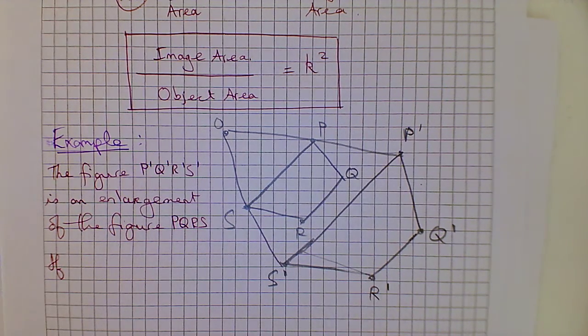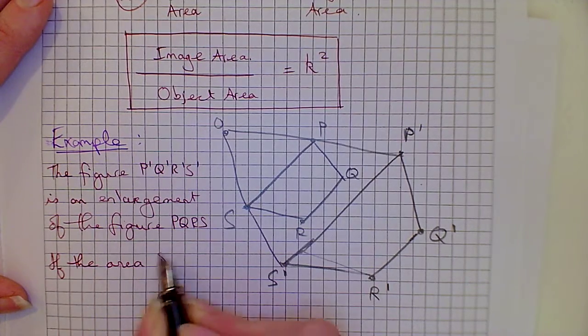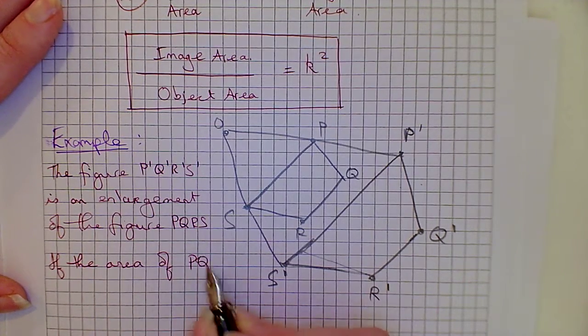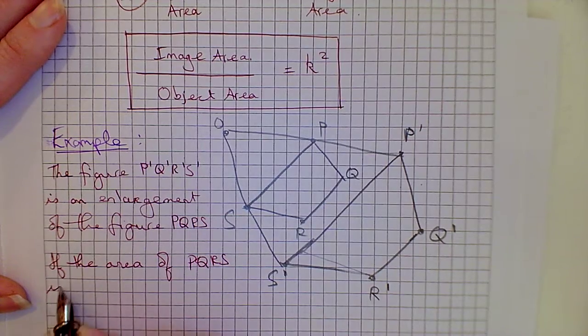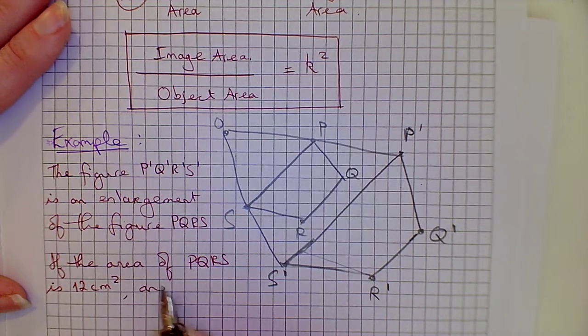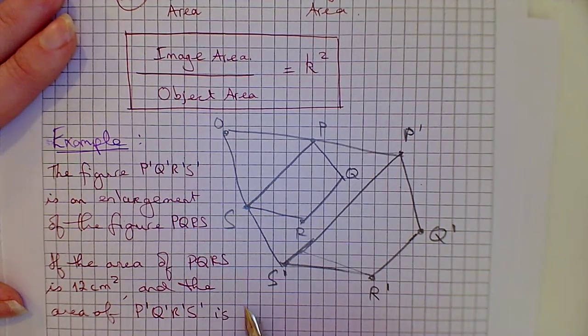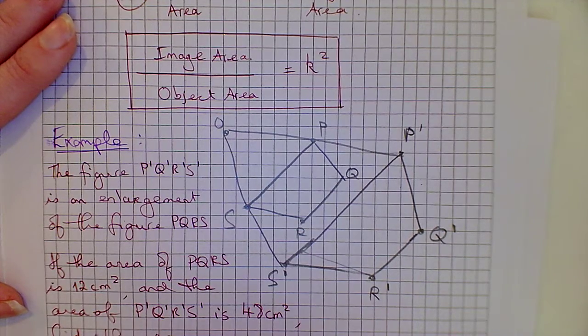So if the area of PQRS is 12 centimeters squared, and the area of P prime, Q prime, R prime, S prime, the image, is 48 centimeters squared, find the scale factor of the enlargement.